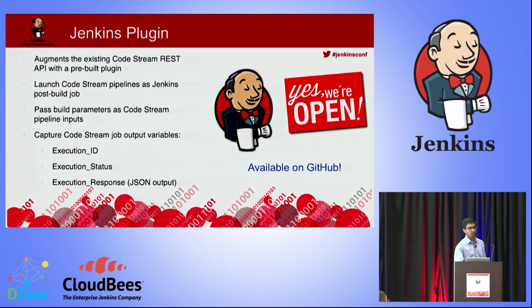So it lets you define various constructs of the Codestream execution pipeline, like an execution ID or execution status. All those inputs can be configured within the Jenkins plugin, and outputs, or responses, could be listened to within the Jenkins plugin as well. So I would definitely encourage you, as part of adoption of Codestream, to try out this Jenkins plugin.